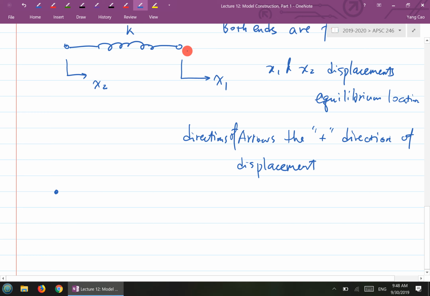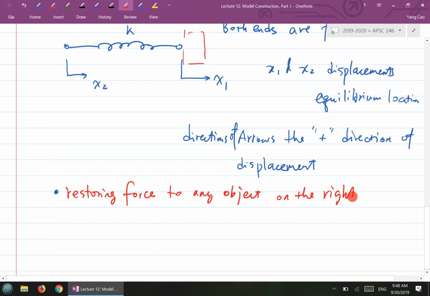For the first one, let's say we have an object attached to the right side. What will be the restoring force to any objects attached to the right free end?